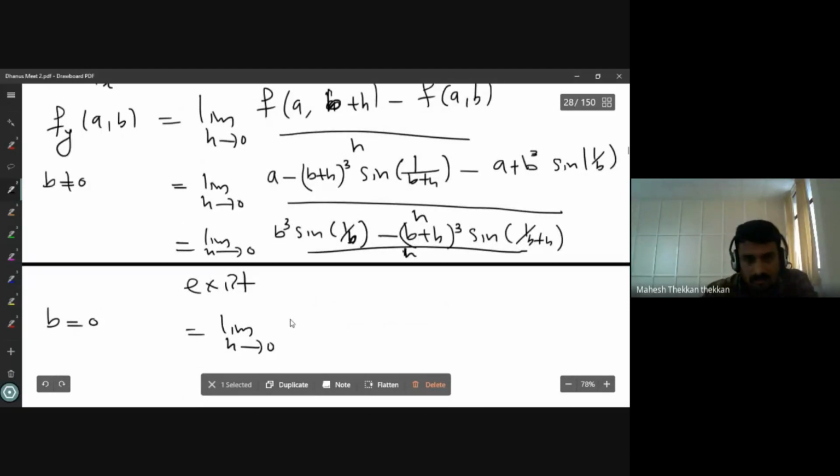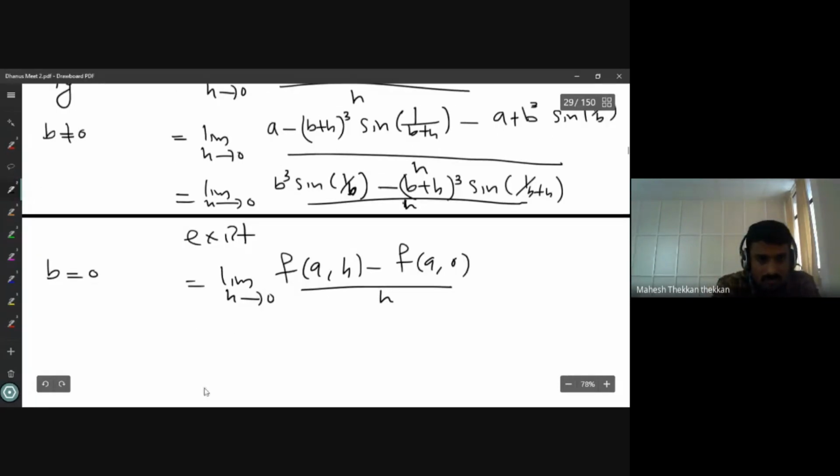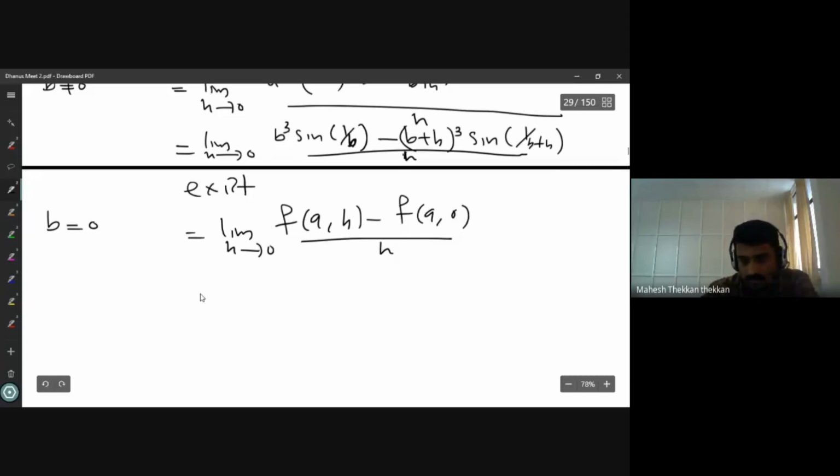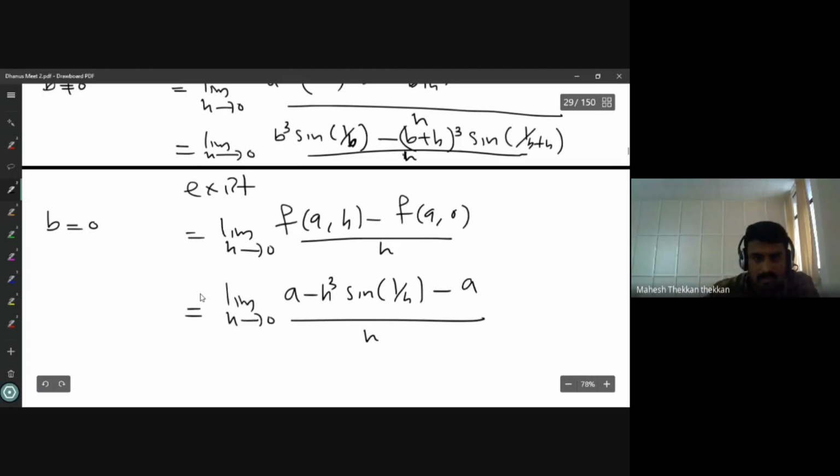So this is nothing but f of (a, h) minus f of (a, 0) divided by h, which is equal to limit h tending to 0 of (a minus h cube sine 1 by h minus a) divided by h. Again these h's will cancel, then you will get limit h tending to 0 of minus h square sine 1 by h. This is again 0.